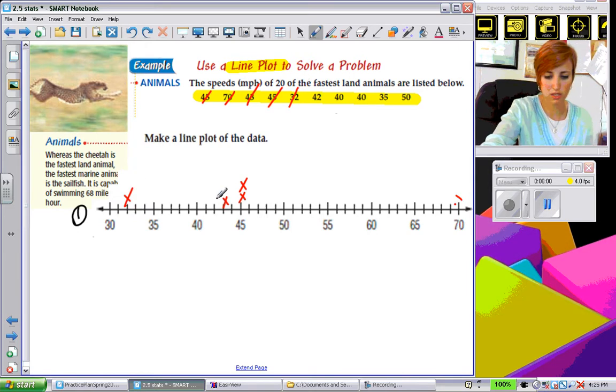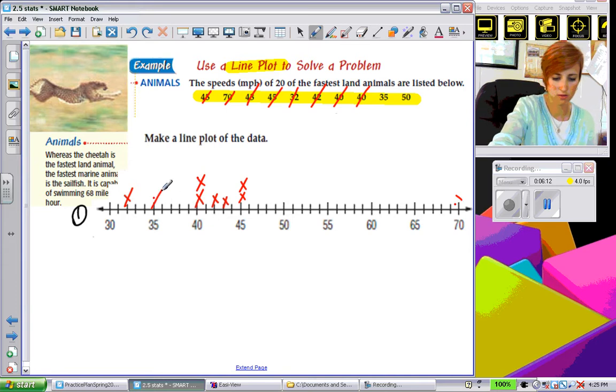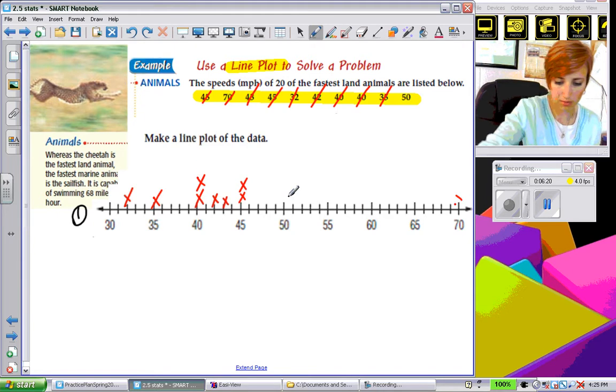Alright, 40, right beside 43. 40. 40 again. Then 35. And last one's 40. Or, sorry, 50. Last one up here is 50.